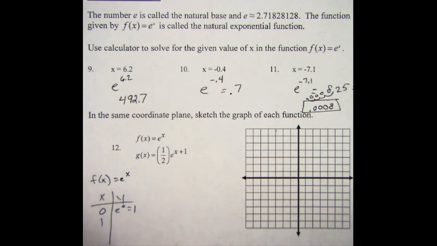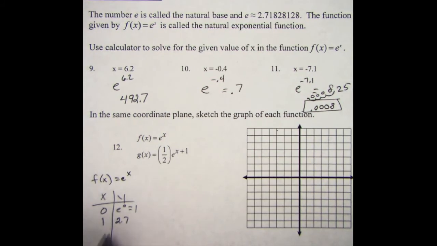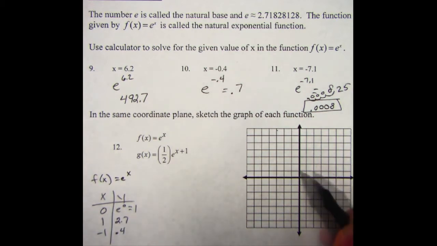If I plug in 1, remember e is about 2.7, so that'd be e to the first, which is about 2.7. And if I plugged in a negative 1, that'd be 1 over e, which if you plugged it in your calculator, comes out to be about 0.4. So if I come over here and graph that, 2.7 is about there, and negative 1, 0.4, a little less than a half.